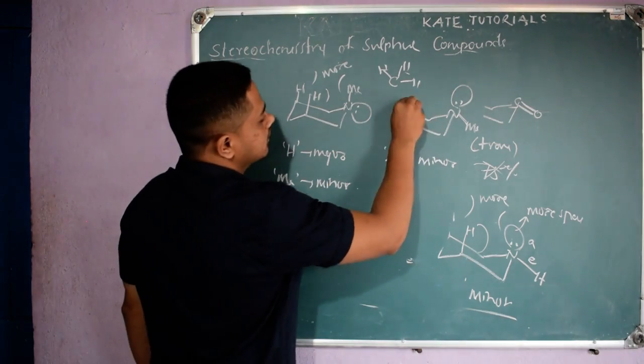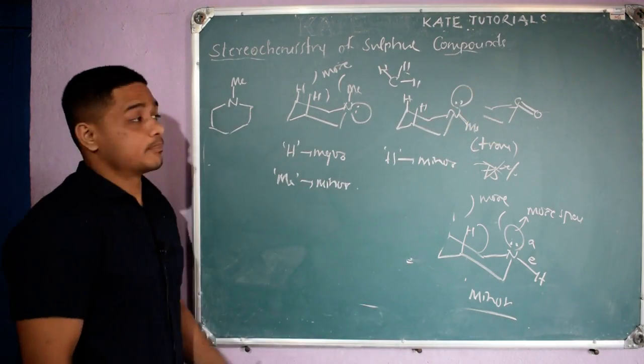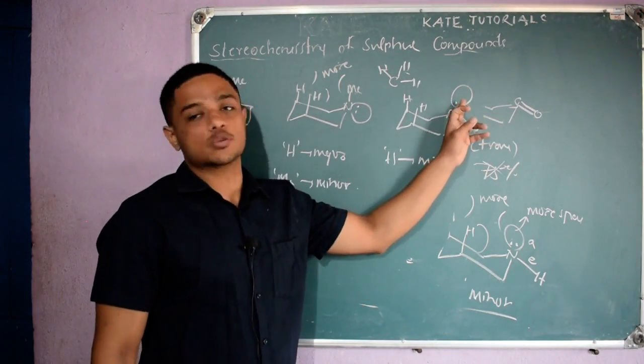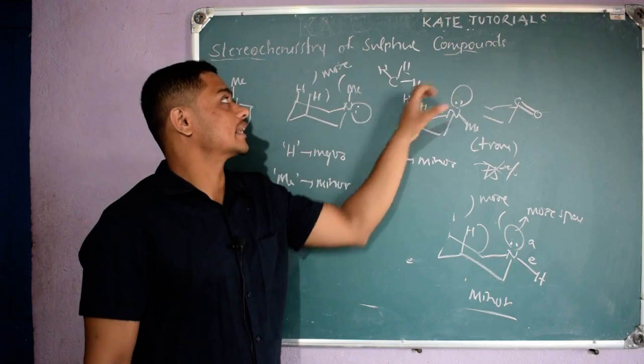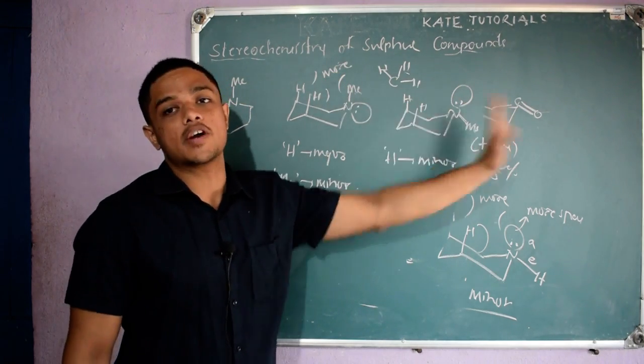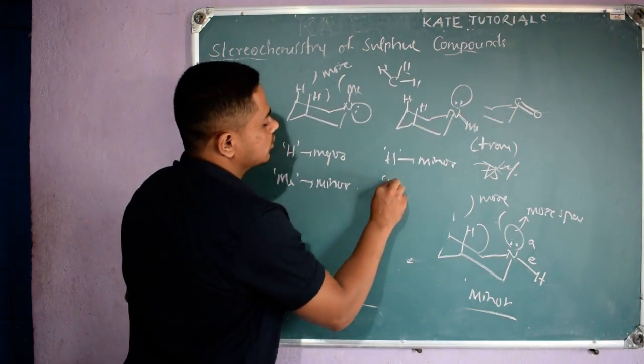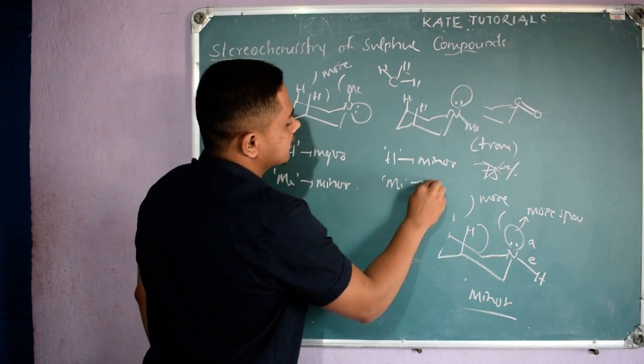Whereas here also repulsion is there, no doubt, it will occupy space, but compared to methyl it will occupy less space only. Methyl acts as a bulky group, so there is more repulsion. Here, since this bulky group, methyl, is away, this will be major. So with respect to this molecule, this will be major, right?